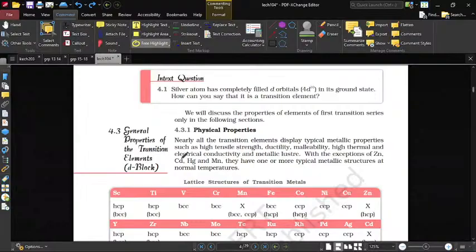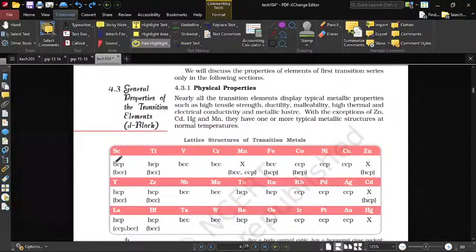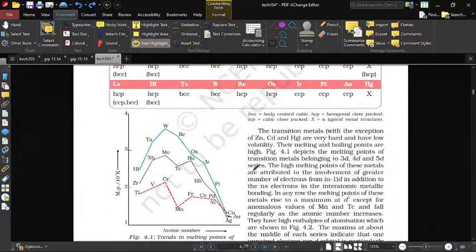With the exception of zinc, cadmium, mercury, and manganese, they have one or more typical metallic structures at normal temperature. Lattice structures इनके, I don't think इनको याद करने की हमें जरूरत है. The transition metals, with the exception of zinc, cadmium, and mercury, are very hard and have low volatility. Their melting points and boiling points are high.